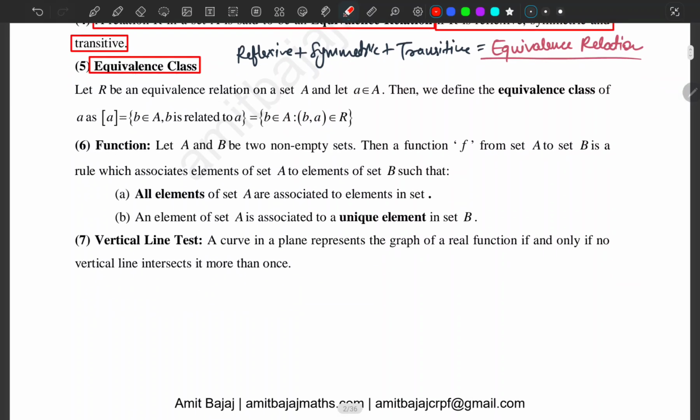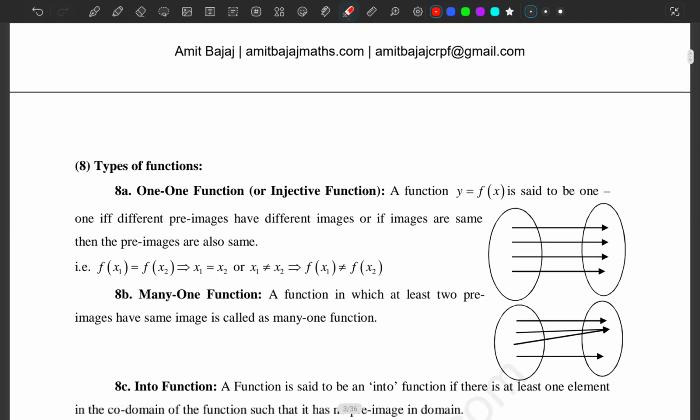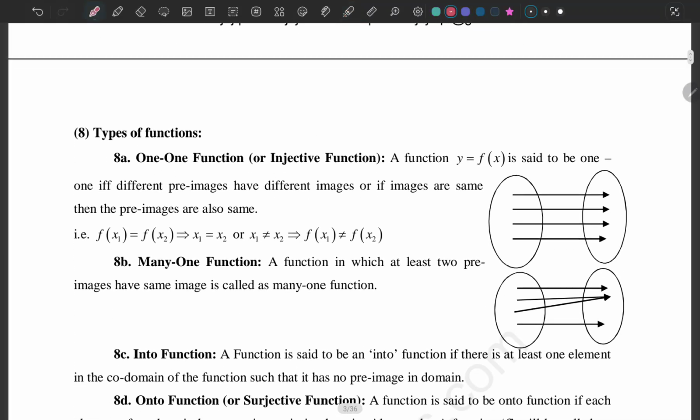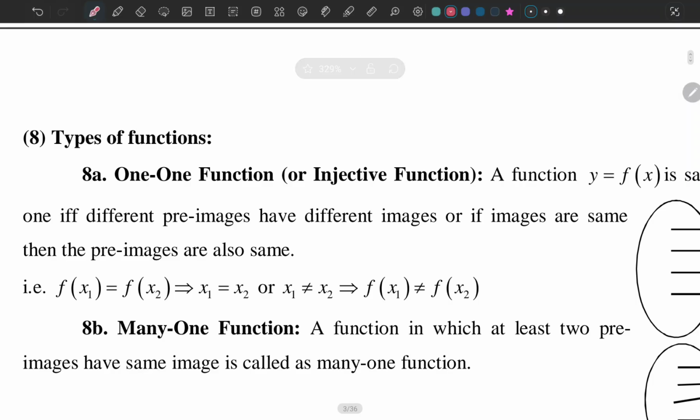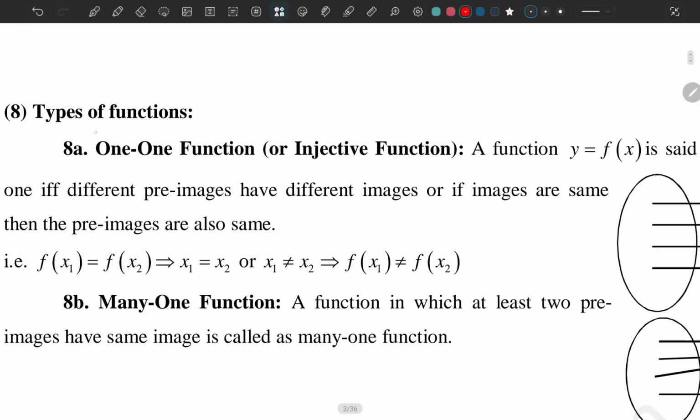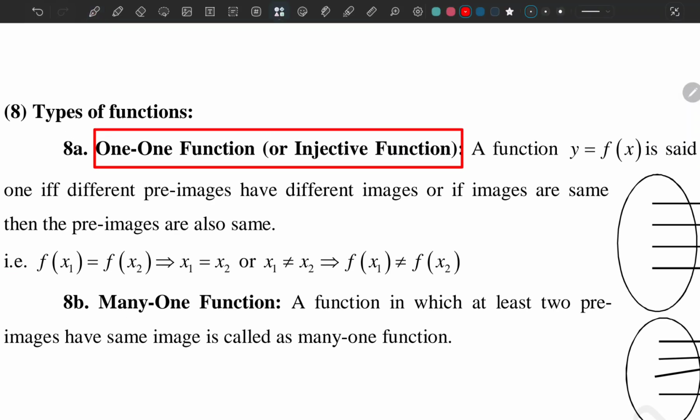Okay, now we're moving towards functions, the second part of this chapter, right? Again, we don't need to move to unnecessary stuff. Okay, types of function. So, one-one function or injective function.